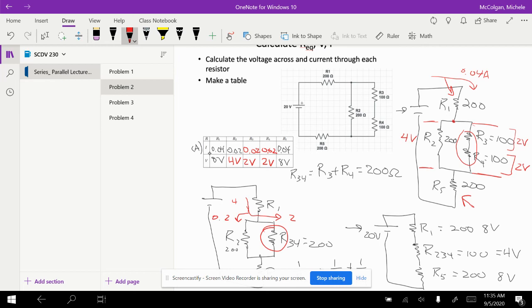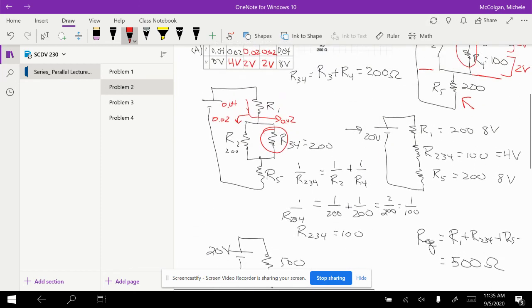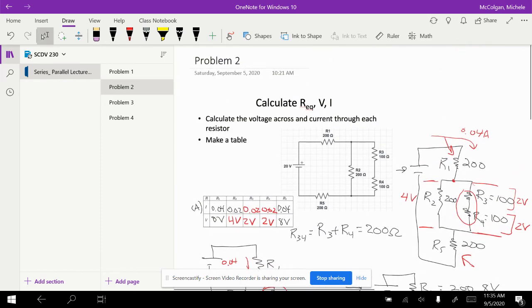So 0.02, 0.02, and 0.04. So it makes sense. So it filled everything in. So that's how you go about filling in one of these tables.